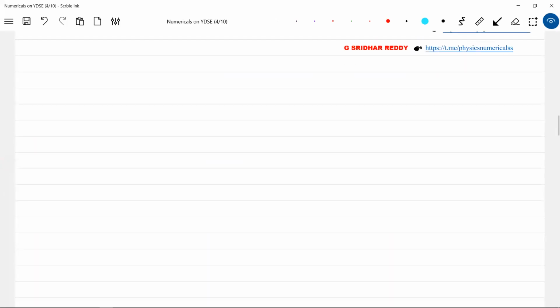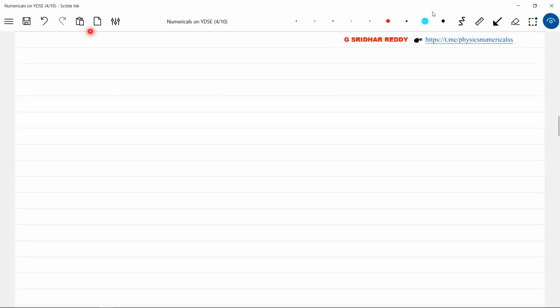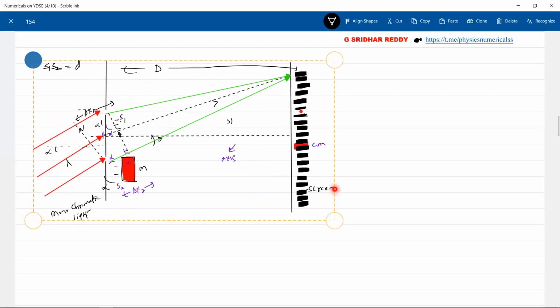In another direction. Okay, let me take the next condition. Yeah, we have a diagram.